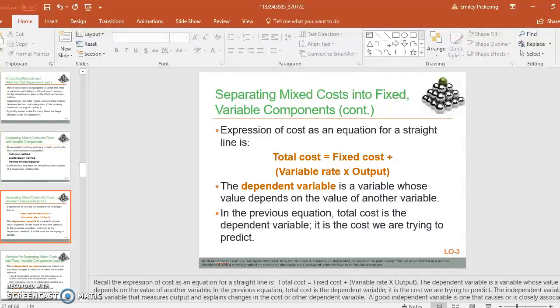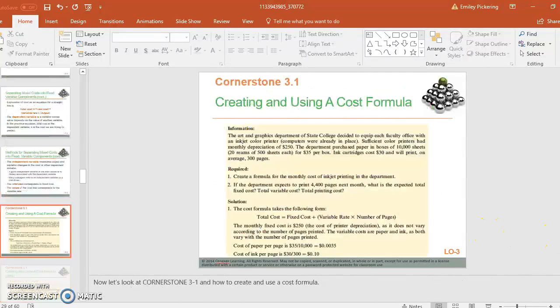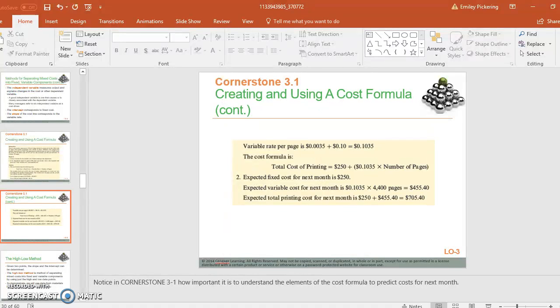Now let's move on to the next. Don't worry about the dependent and independent variable right now because we don't have to worry about that. But I want you to look at this cost formula. So 250 is going to be my fixed cost. Okay, and then 10.35 cents is what it costs me per number of pages. So what this means is my total cost is going to be 250.